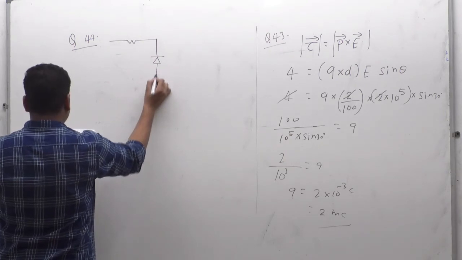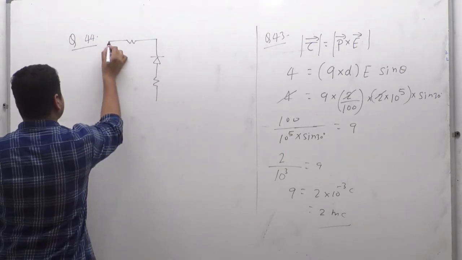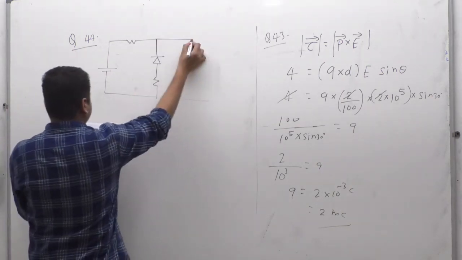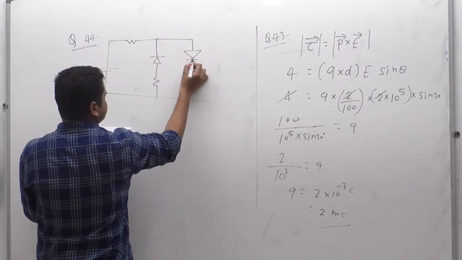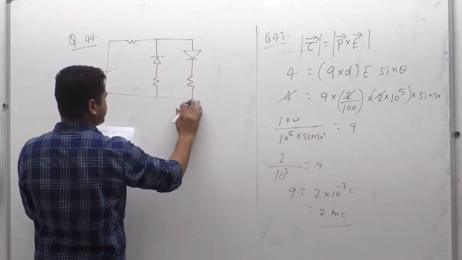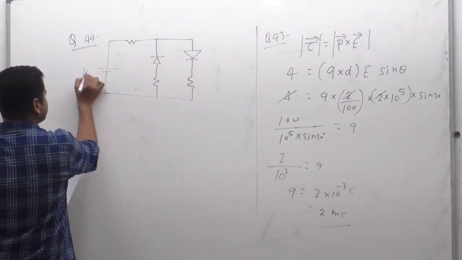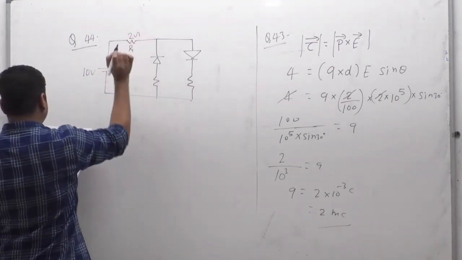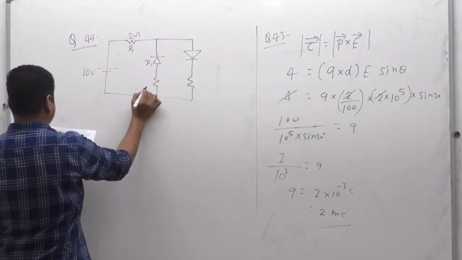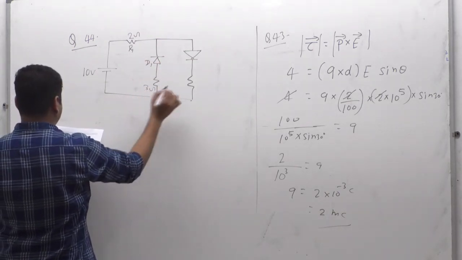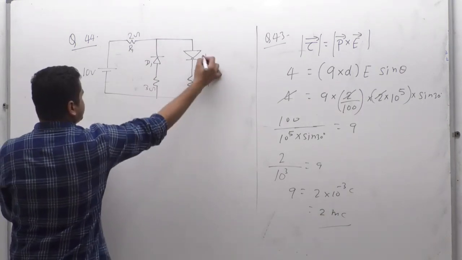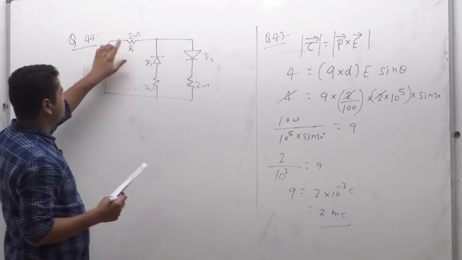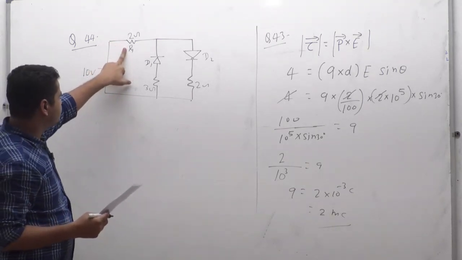Diode, resistance, as given in the question. This is 10 volt, 2 ohm, R1, diode 1, 3 ohm, this is 2 ohm, D2. Current through R1, this is the desired resistance for us.